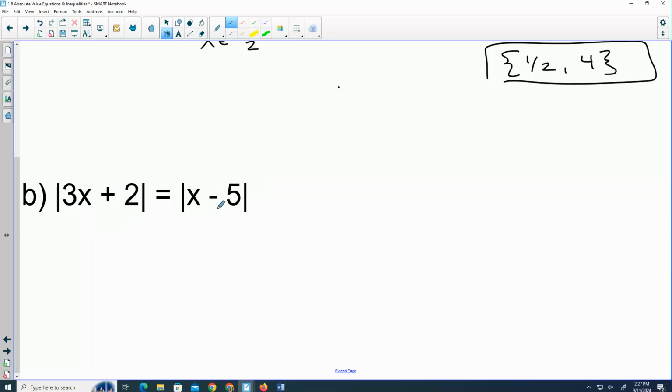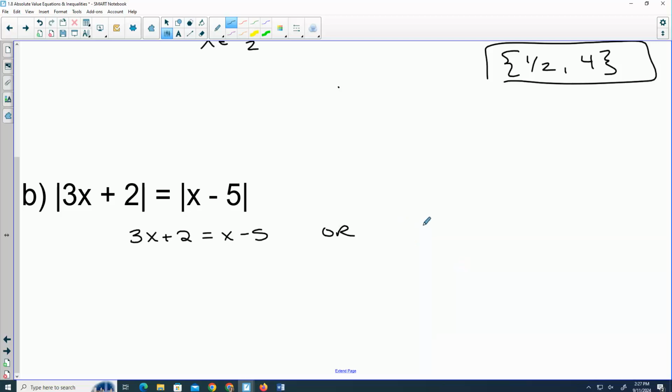So it could be that both of these numbers are the same to start with. The absolute value of 5 equals the absolute value of 5. So the first equation, you just drop the absolute values and set them equal to each other. Or it could be that they're opposites. The absolute value of 5 is equal to the absolute value of negative 5.